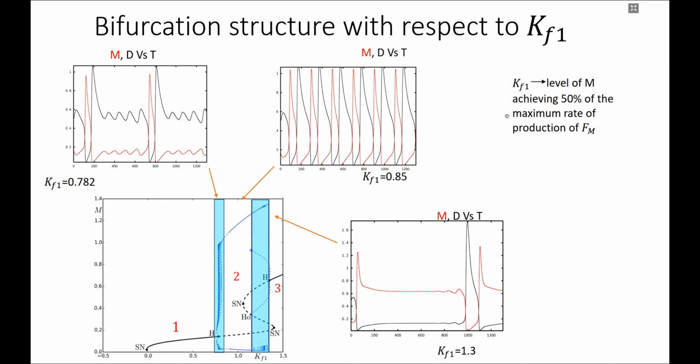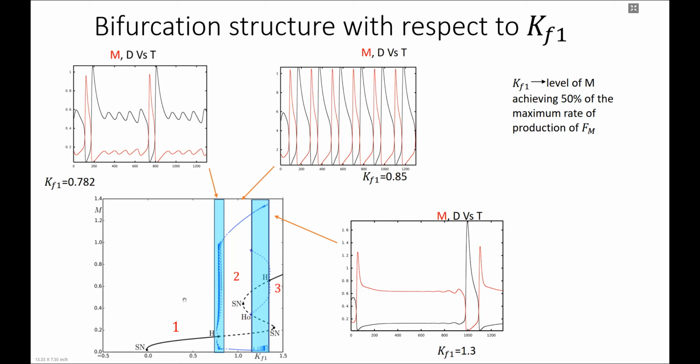Now, if we want to study how changes in the values of Kf1 affect the regime of the system, we can plot the bifurcation diagram. We see that for low values of Kf1, the system is in a steady state that is characterized by low values of M, so high values of D, depression.